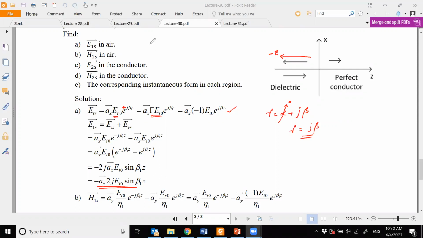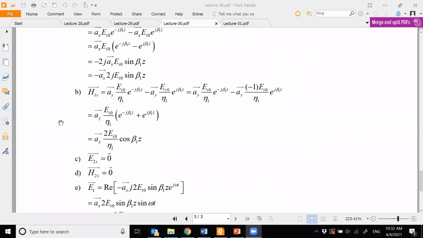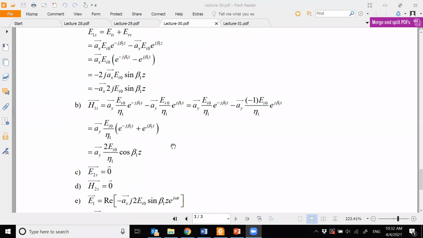Now, in a similar way, if I do it for the total magnetic field, I will get the total magnetic field in air as AY 2 EI0 over eta 1 cos of beta 1 Z. So what is happening?